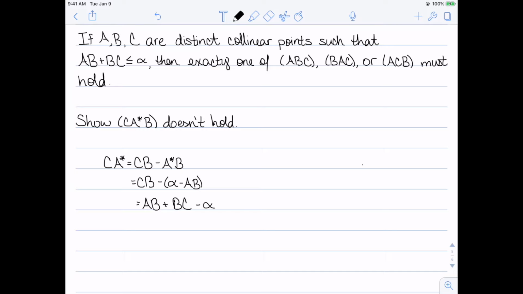Rearranging things slightly, that's the same thing as AB plus BC minus alpha. However, we know that AB plus BC is less than alpha, so that would be a negative number. So the distance between C and A star would be less than 0, which is a contradiction. So that case cannot hold.